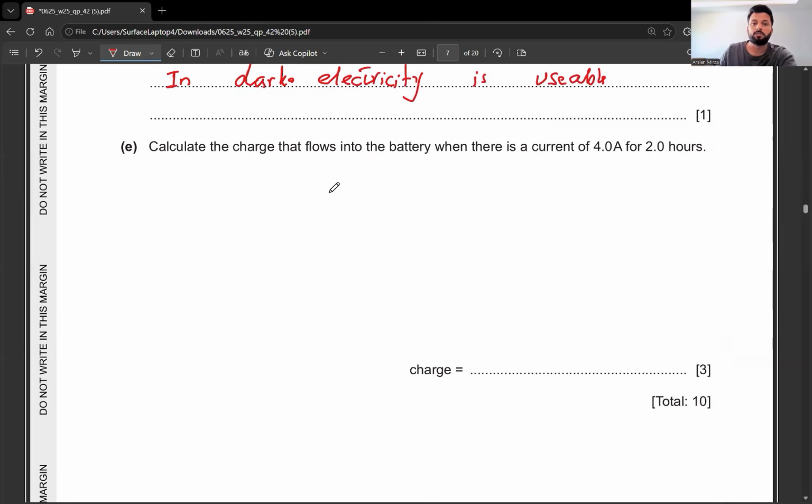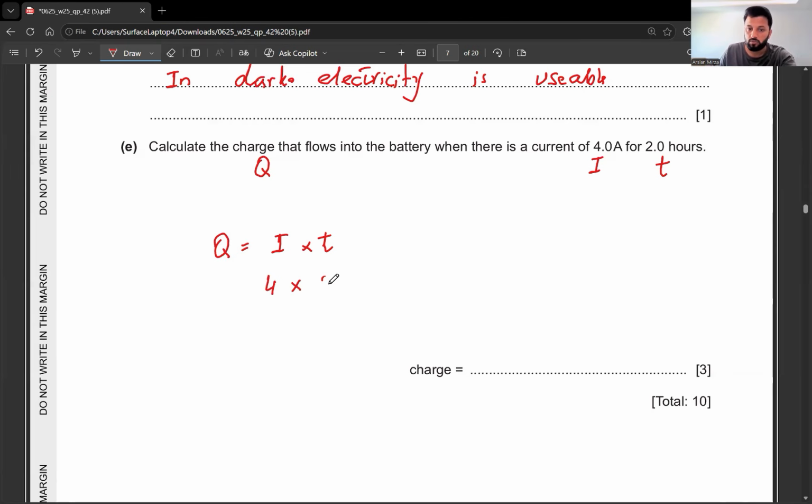Calculate the charge. Charge means Q. That flow, there is current. Current is 4 ampere. So this is I. And 2 hours. So this is T. And make sure time should be in seconds in this equation. So Q is equal to I times T. This is the equation of current and charge. So I is 4.